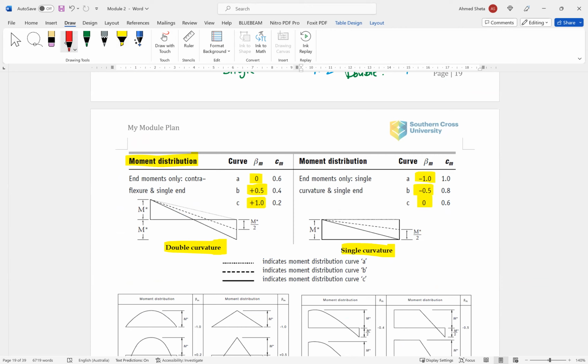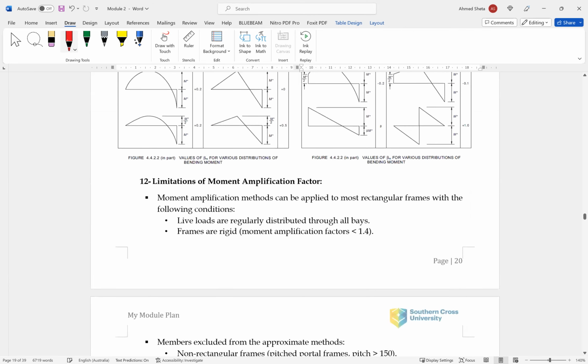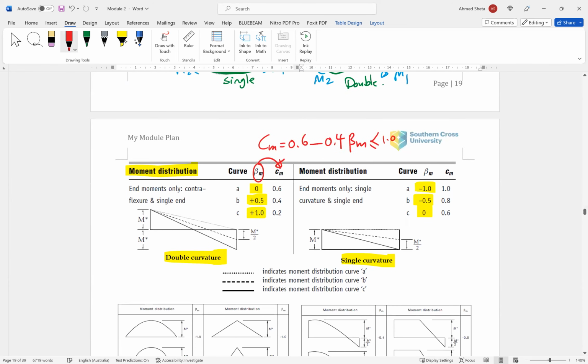Okay, and using beta M, you can calculate Cm because, again, just a reminder here, Cm equal to 0.6 minus 0.4 beta M, less than or equal to 1. Okay, so all these are examples, and now we know how to calculate beta M. If you know beta M, you know Cm.